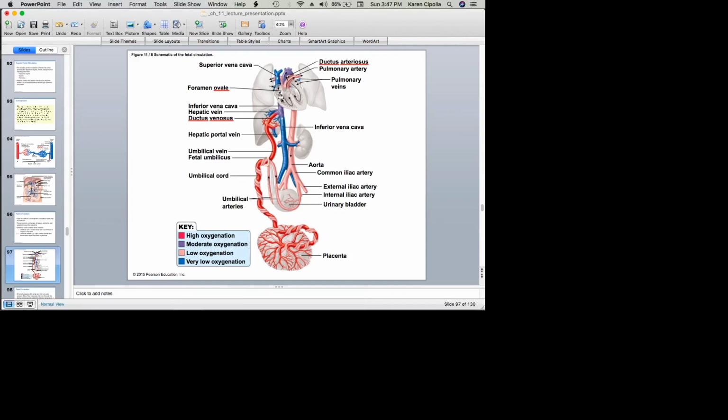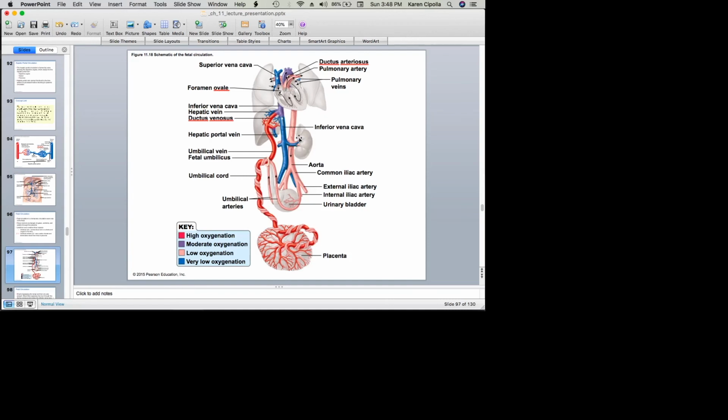One of the other things that you're going to see is you don't see the blood going into the lungs so much. There is a foramen ovale which allows for that bypass, because the blood doesn't need to go to the lungs in order to get oxygenated. It comes in through that umbilical vein.